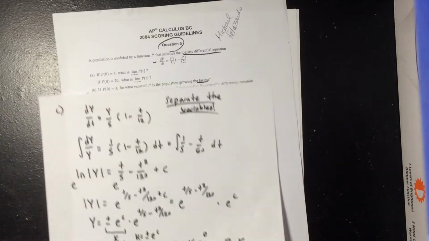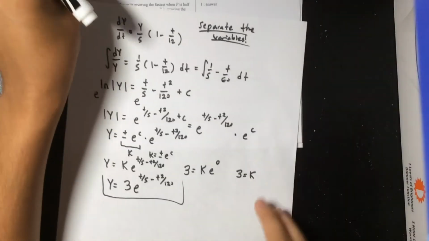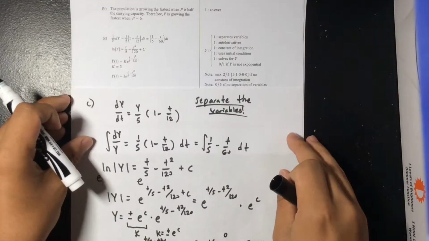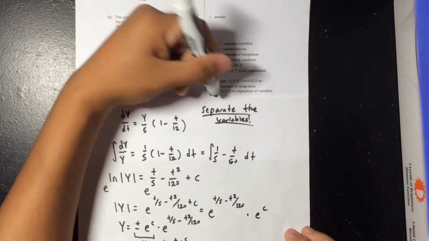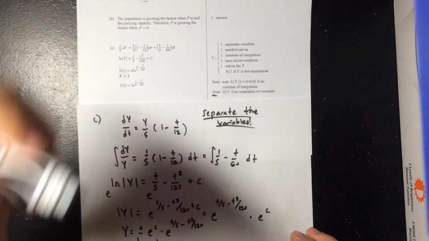And I'm just going to review. Once again, I'm just going to stress how crucial this part of the question is. Here's the scoring guideline. Right here, note 0 out of 5 points if no separation of variables.